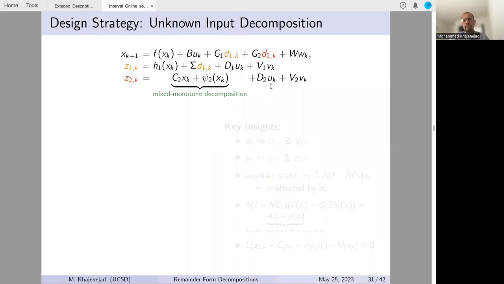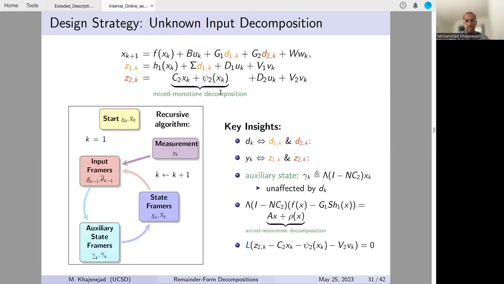Then on top of that, we apply these mixed monotone decompositions on part of the observations, as can be seen. There are other insights here as well. We need to define an auxiliary state in a way that the dynamics of this auxiliary state is not affected by the unknown input.